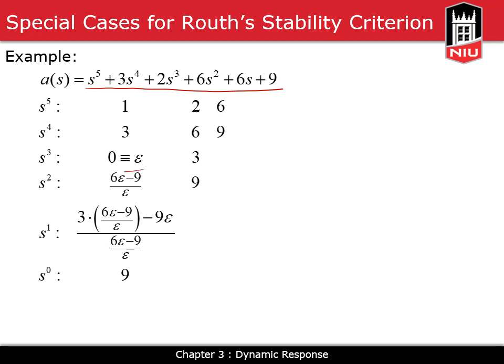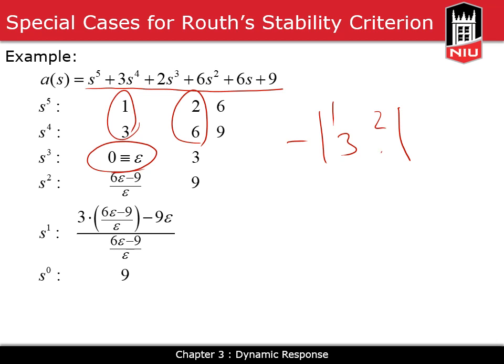When we want to find the term in this third row of the table, the formula is the negative of the determinant of the first column in the two rows above, and then the column to the right of the term you want in the two rows above, 2 and 6, divided by the first term in the row above, which is 3. If you find that determinant, it's 1 times 6 minus 2 times 3, so that's 0. We get a 0 for the first term in that row.